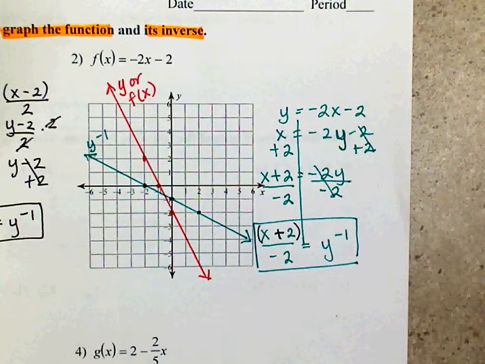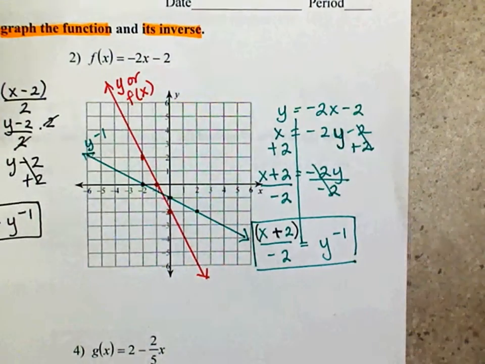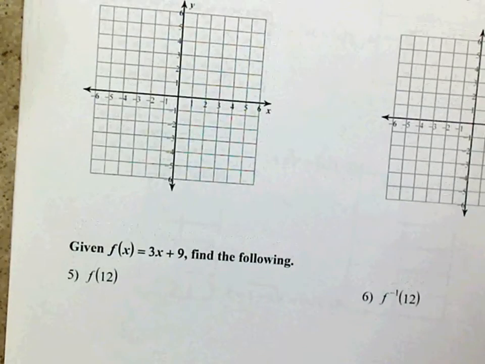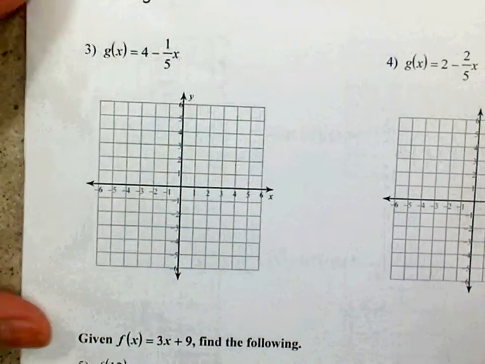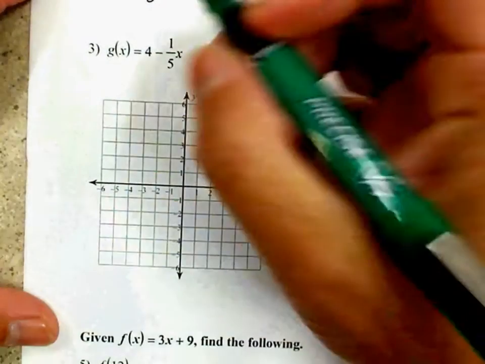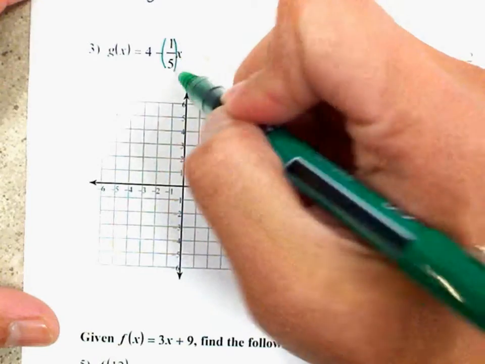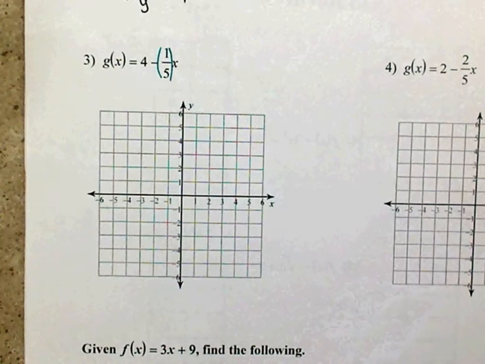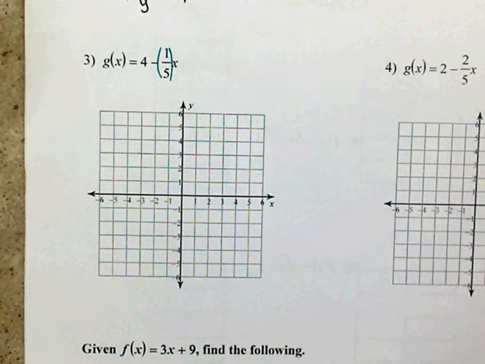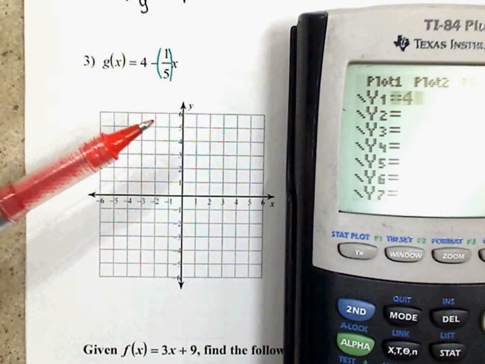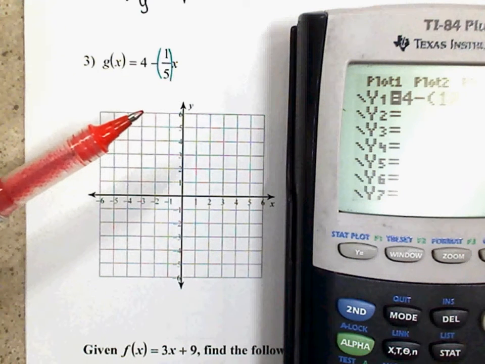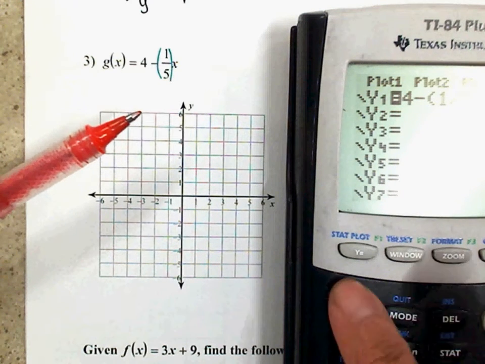All right. Number 3. Okay. Graph this one first. Anytime you see a fraction, just put a parentheses around it. All right. So, first one, y equal, clear. 4 minus parentheses, 1 divided by 5 parentheses, x. Second table.